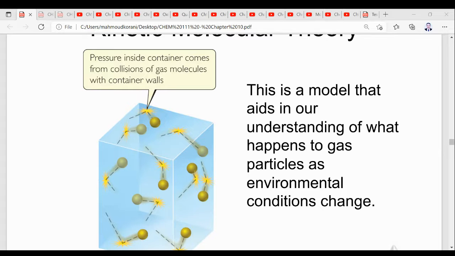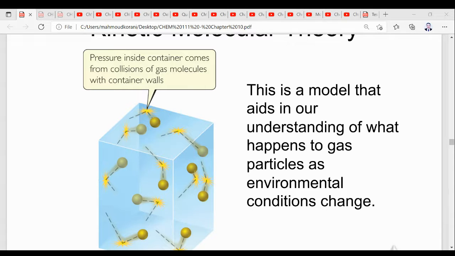So the gas molecules have to travel further to hit the wall. If you increase the volume, the distance the molecules move to hit the wall of the container increases.